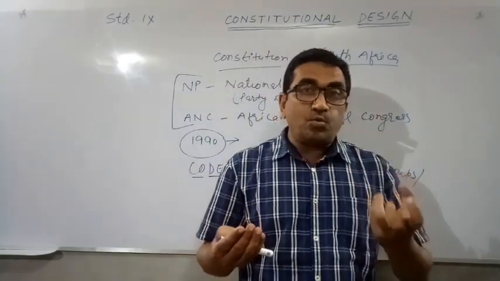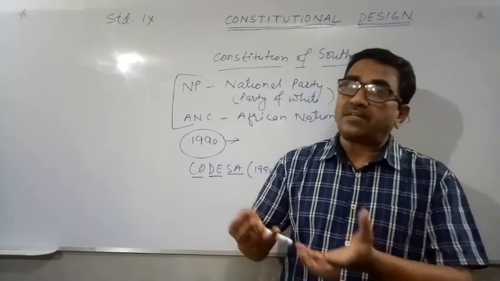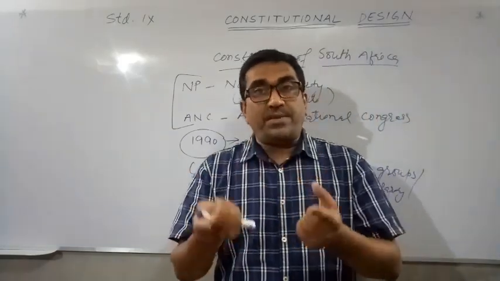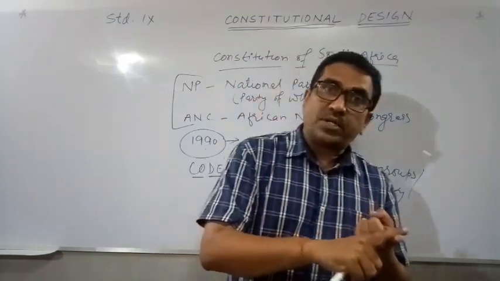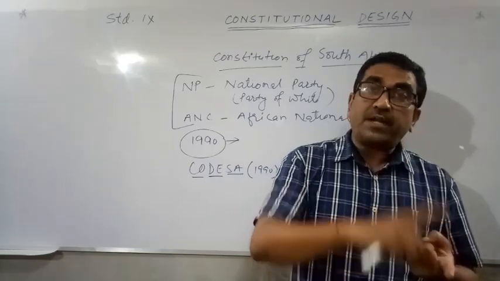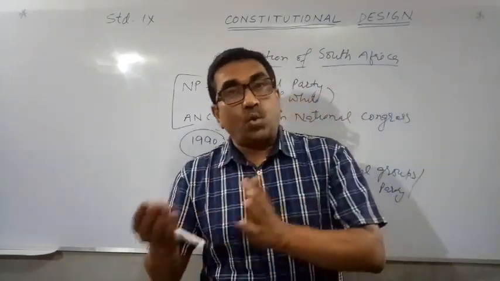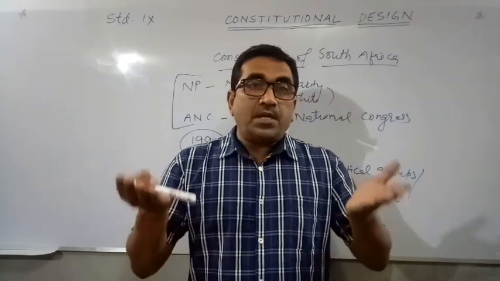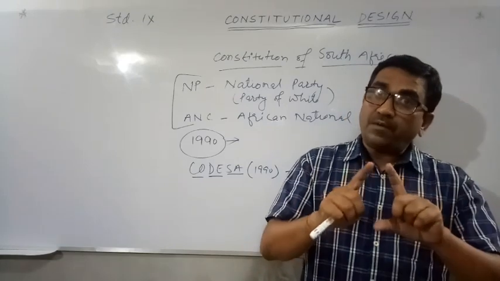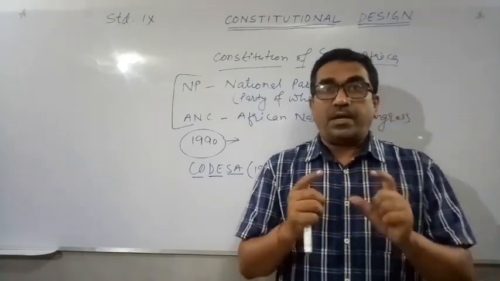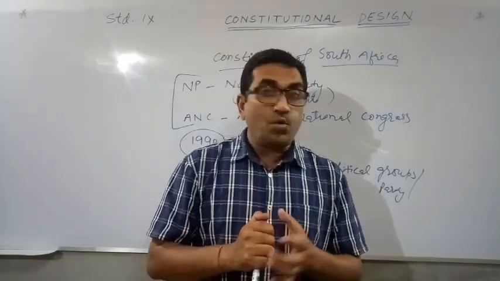One used power for brutal suppression, the other was badly suppressed. The majority were the suppressed and the minority were the rulers. The whites, who were the minority, were the rulers, and the blacks, who were the majority, were the ruled. There was a difference between the two. These two groups had to sit together and frame the constitution. It means both had fear among themselves. There would be fear on both sides.